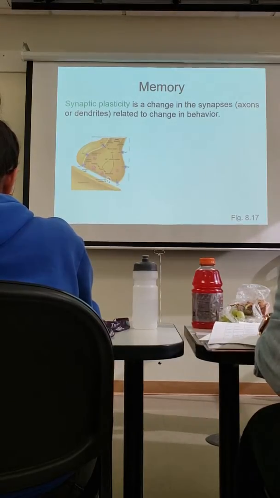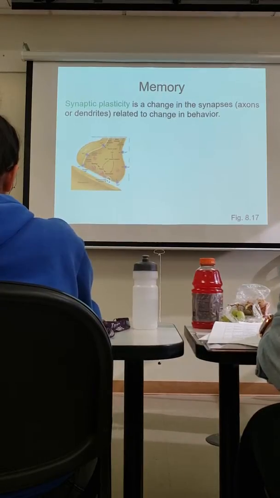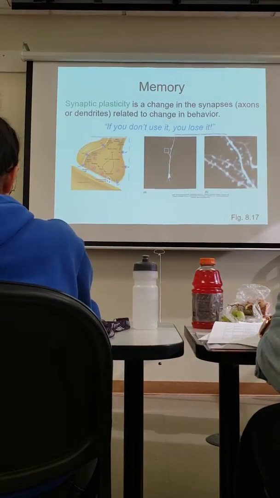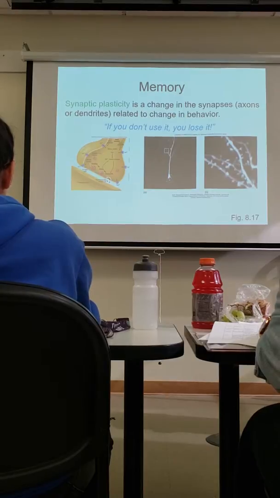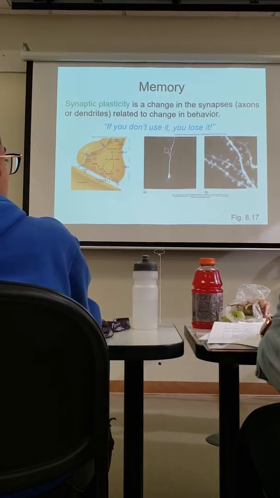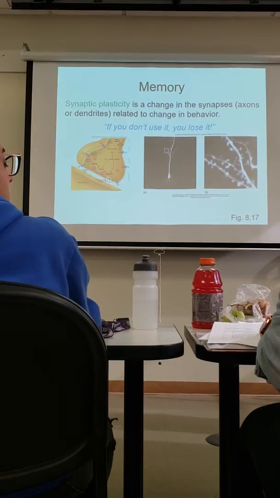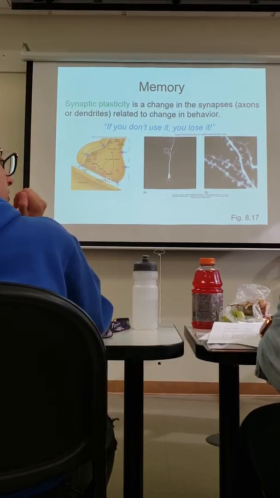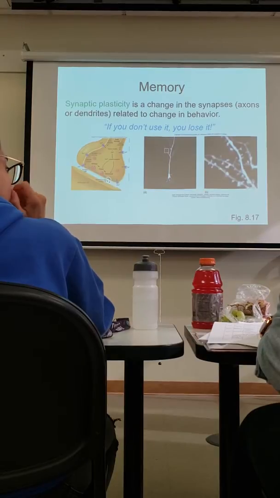You guys might have heard of this little phrase: if you don't use it, you lose it, right? Which is actually true. And there's this push for elderly people to keep their minds active, right? Do things like Sudoku, those brain puzzles, to keep their mind active.